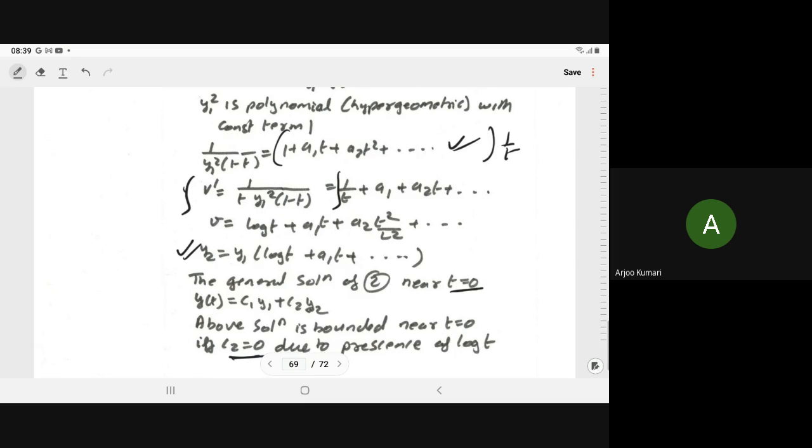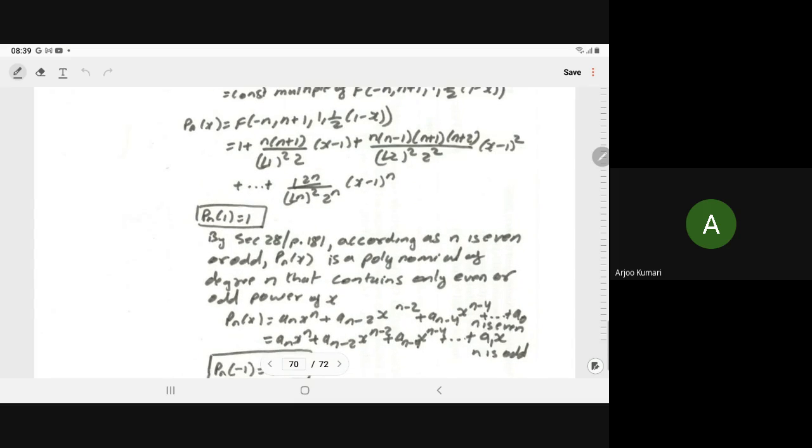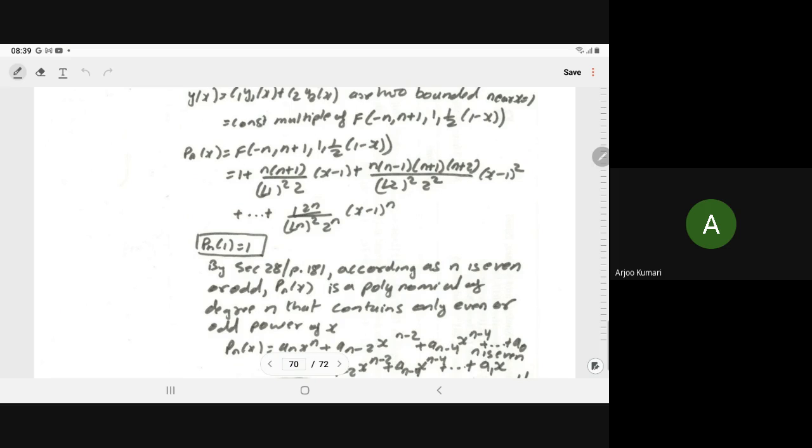We are not interested in this. Whatever we have, y1 is F of minus n, n plus 1, 1, and x or t. For that we are interested. So here y is equal to c1 y1 plus c2 y2, the two bounded solutions near x is equal to 1.